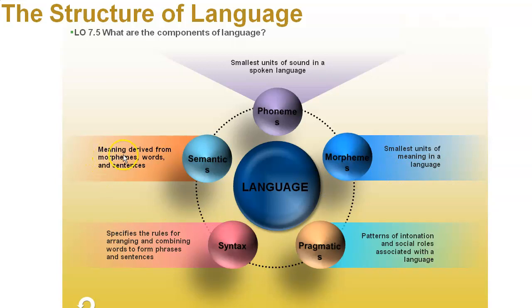And this is what derives the meaning of a word. So both of the questions on the exam have to do with meaning. The smallest unit of meaning is morphemes, and then the rules that govern the meaning of a word are what we call semantics.